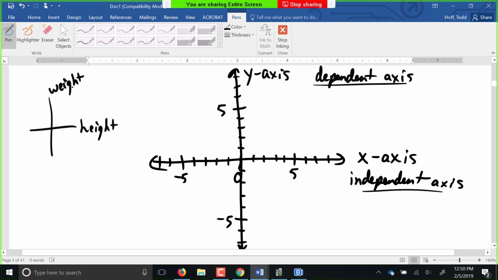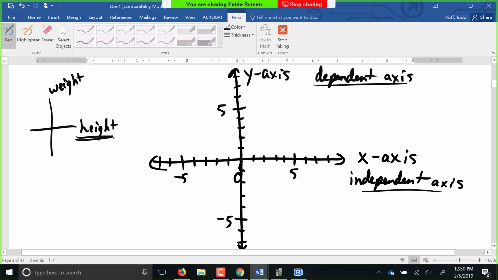Well, does putting on weight cause you to increase in height? Not really. I've put on a lot of weight in the last few years. I haven't got any taller. But does getting taller, does increasing your height tend to increase your weight? And yeah, for the most part, as you grow taller, you do become heavier. So the height has an effect on weight. Weight doesn't necessarily have an effect on height.